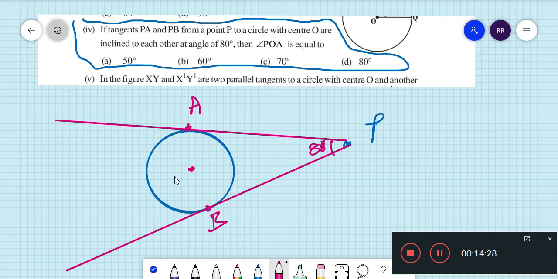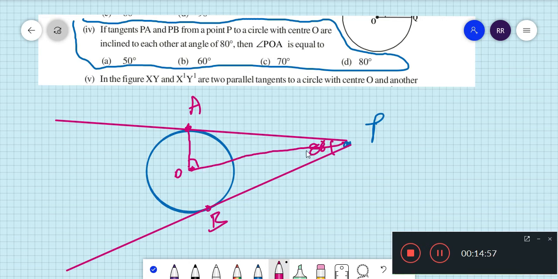See, look here. This is the center O. We have to find this angle, angle POA.